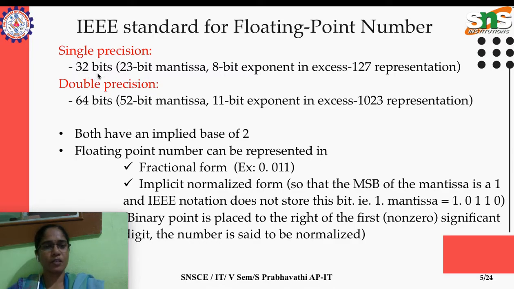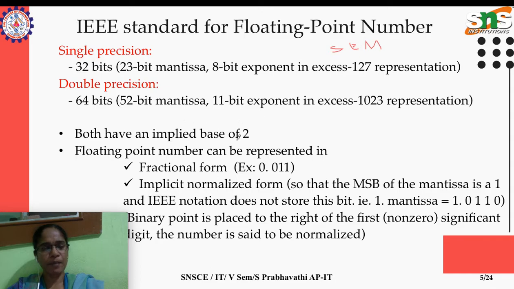Floating point is represented in a format with a sign, then the exponent, followed by the mantissa. The mantissa is nothing but the significant digits in the given number, all in terms of binary.